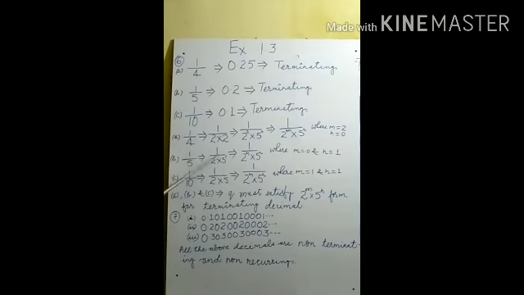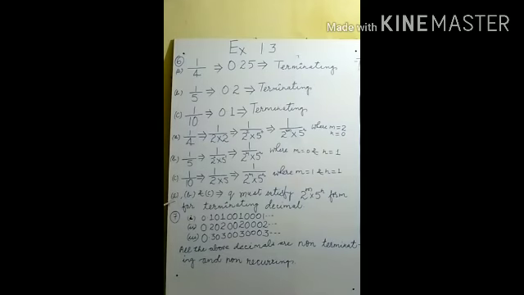Here 1 upon 5, it is powers of 5. 1 upon 10, this one is powers of 2 and powers of 5 both. It means when the denominators are either powers of 2 or powers of 5 or both powers of 2 and powers of 5, that will result in a terminating decimal.